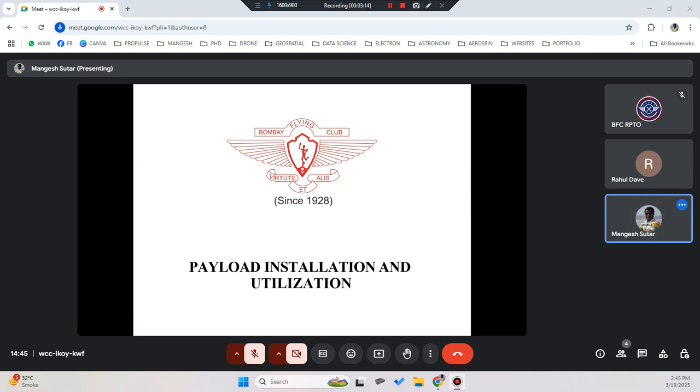They pulled people from various departments and set up a committee which will work only on the RPAS segment, RPAS development and utilization, all the things. In the US it started from 2016 to 2018. There was a huge number of people becoming pilots and all that.